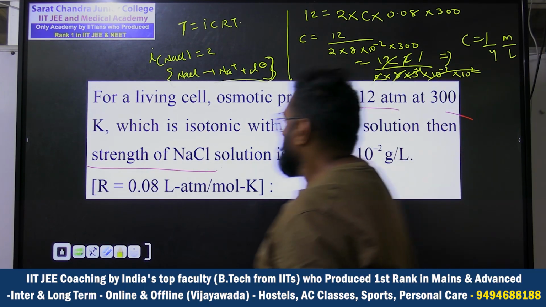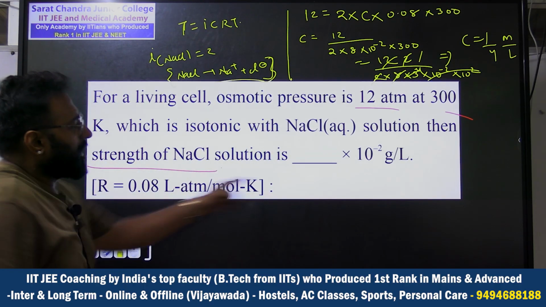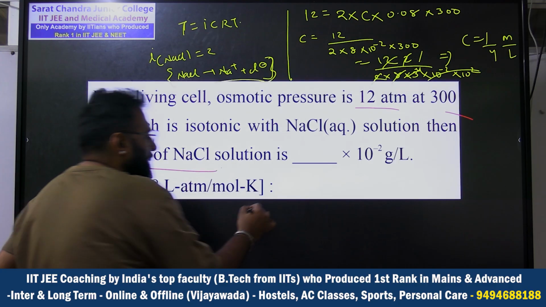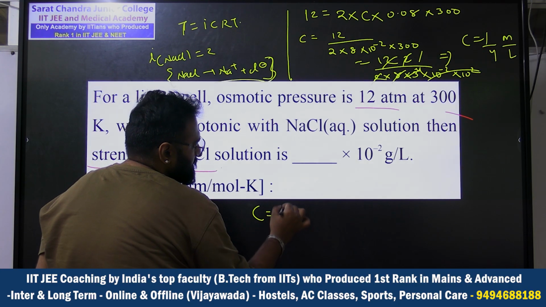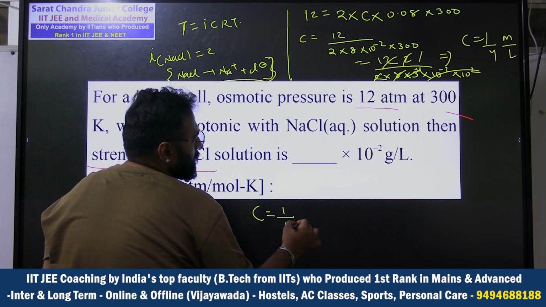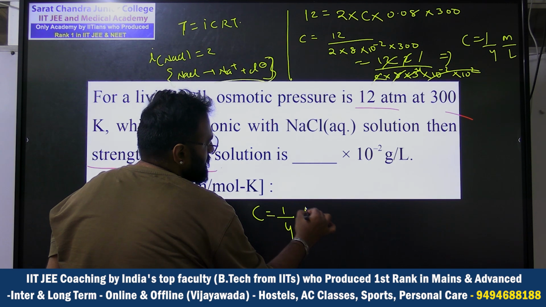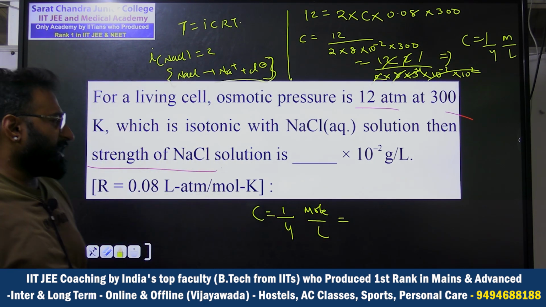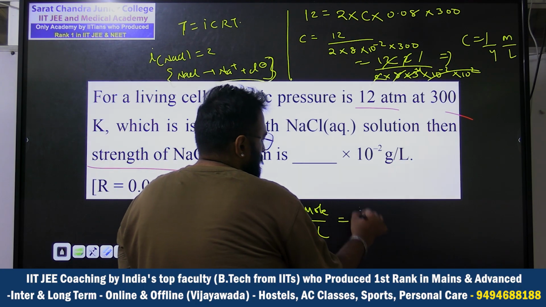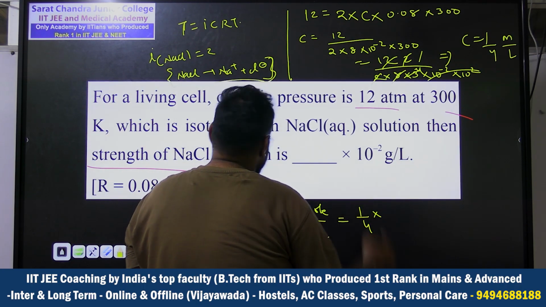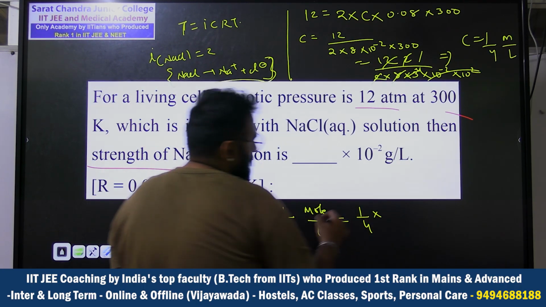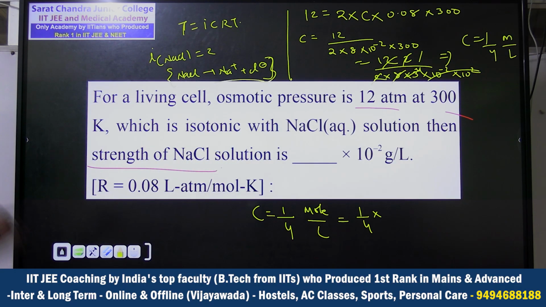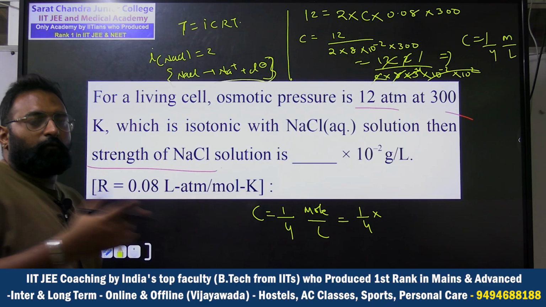Now the question is asking the strength in gram per liter. So you have to convert mole per liter into gram per liter. This 1 by 4 is the mole per liter of NaCl. What will you do? Think: how will you convert mole per liter into gram per liter?